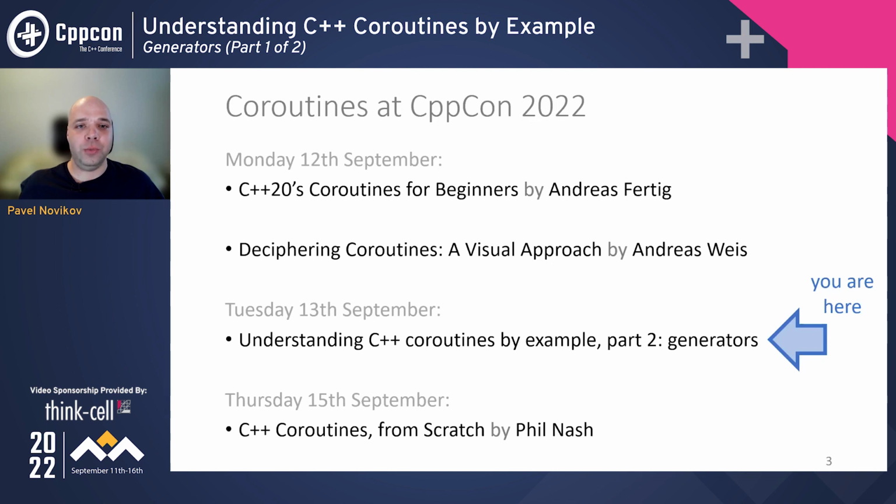So we have a number of talks at CppCon 2022 about coroutines specifically, and you could already have watched two talks by Andreas Fertig and Andreas Weiss, where they do a bird's eye overview of coroutines in general. And you are currently at this session. Sometime later, Phil Nash will present his take on coroutines while trying to solve his particular problem about dependencies.